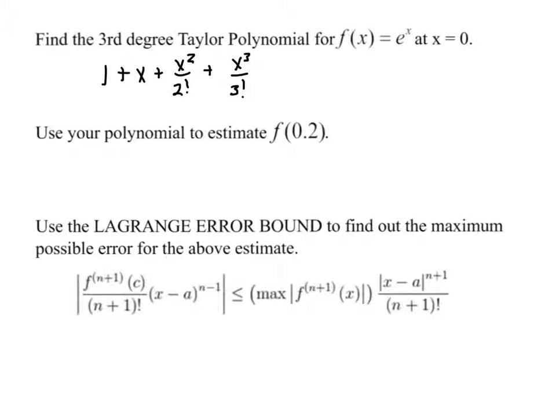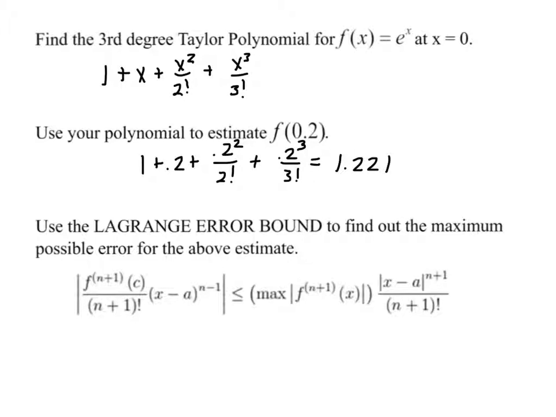There's our third degree polynomial. Estimating f of 0.2, we plug that 0.2 in, and I get 1.221.